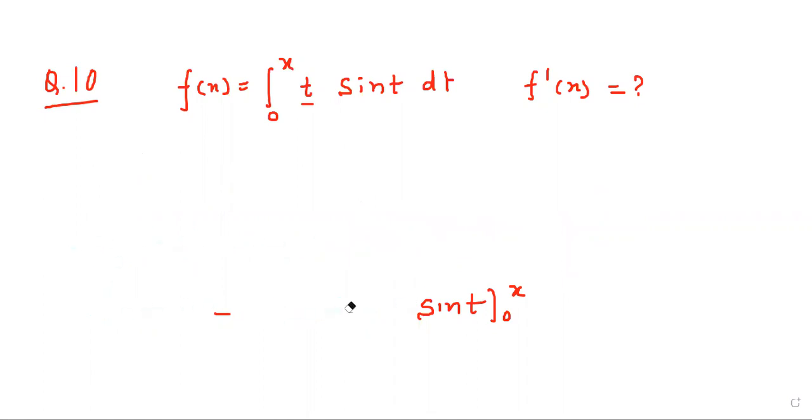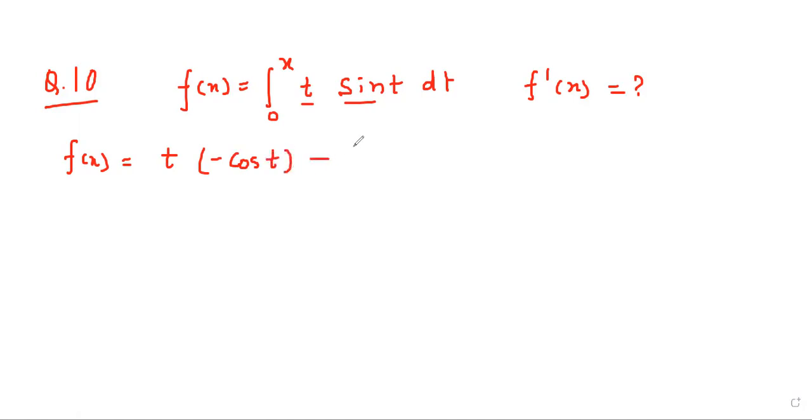So we are given f of x equal to integration 0 to x t sin t dt. Then we use integration by parts. So f of x equal to t outside, then integration of sin t will give minus cos t, minus integration of differentiation of t.